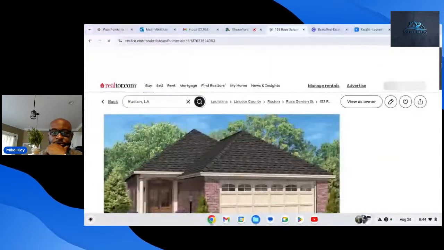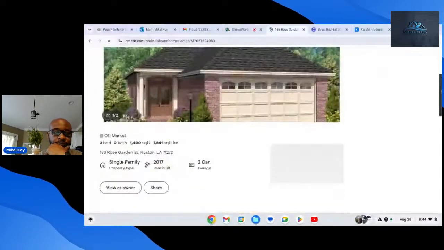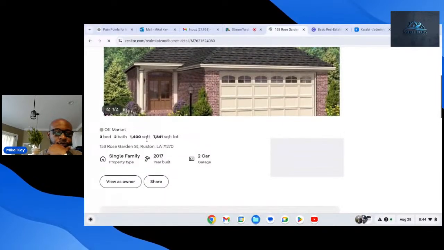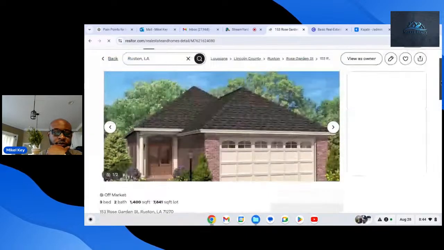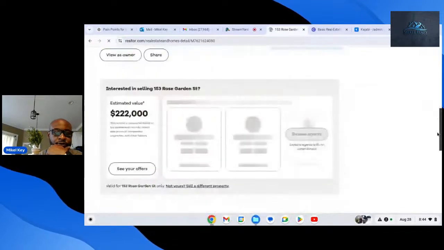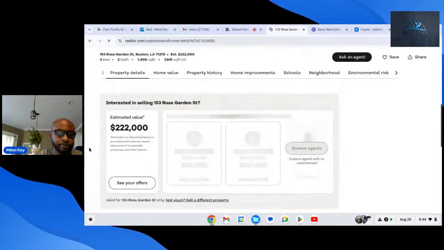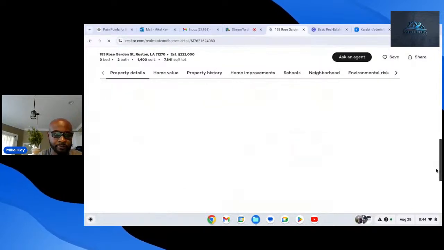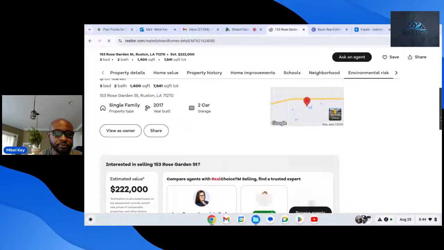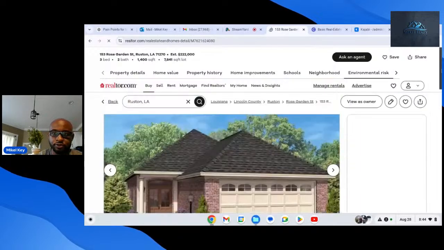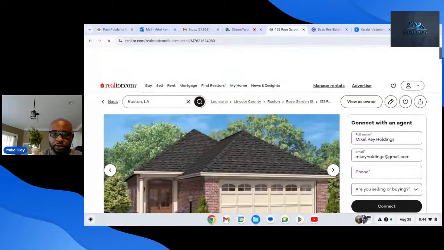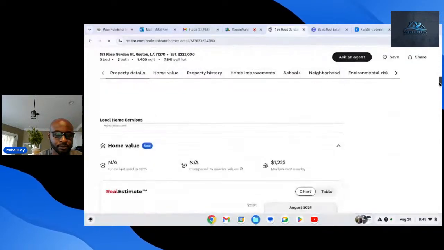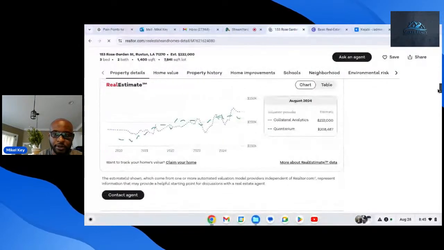All right, here's 153 Rose Garden Street, an off-market property, 3-bedroom, 2-bath, 1,400 square foot, and this is on Realtor.com, guys. Estimated value $222,000.